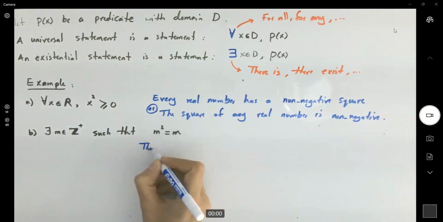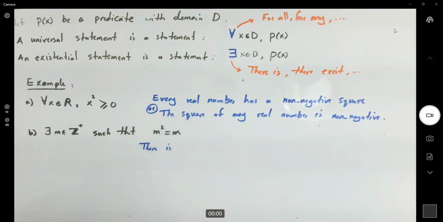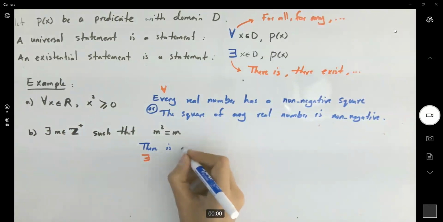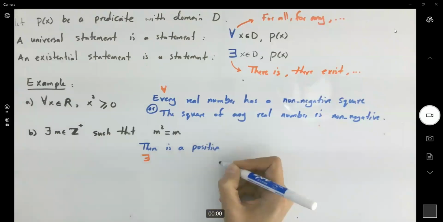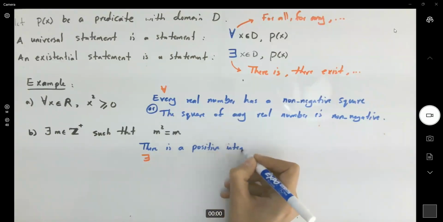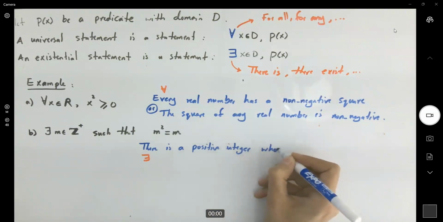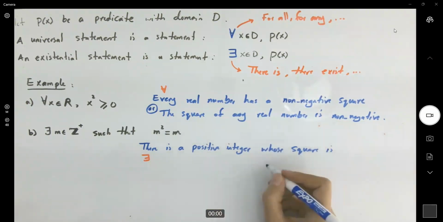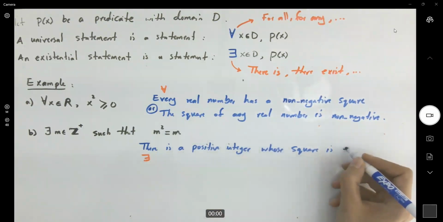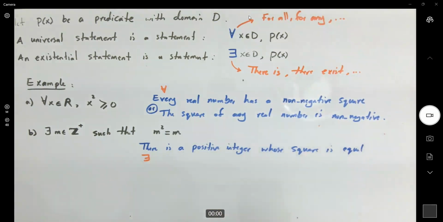So there is, guys, note the difference: every is for the universal quantifier, and there is for the existential quantifier. There is, or there exists, a positive integer whose square is equal to itself.